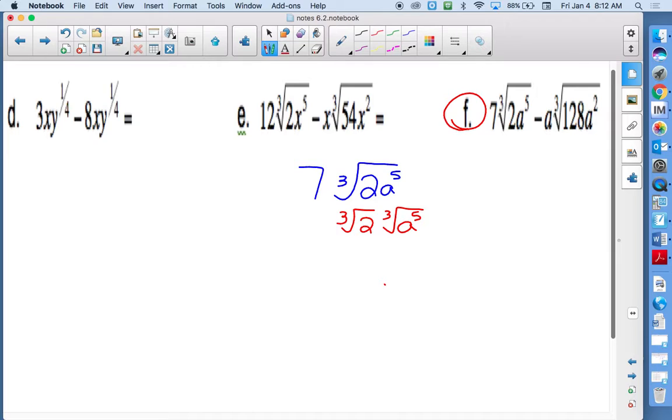So in order to subtract them, we need to make that radical become the same. So then they can be subtracted.